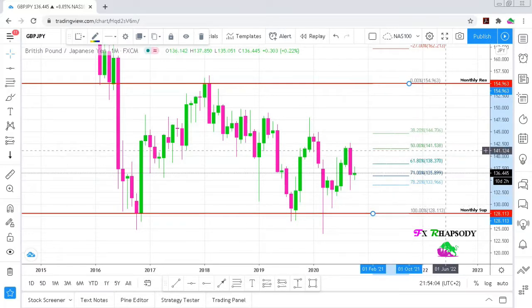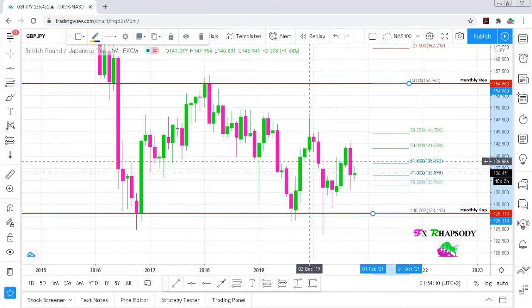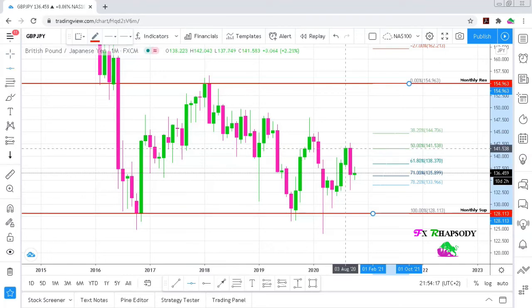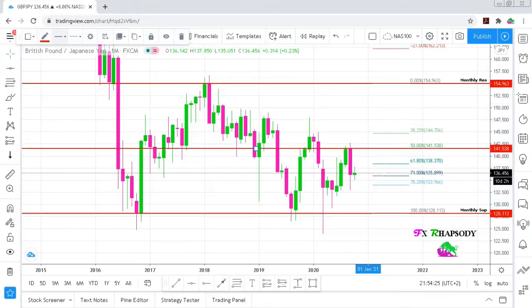So I will draw my weekly resistance halfway between the support and resistance. I'm just going to take my horizontal tool again, and on the 50%, which is halfway between 100 and 0, I will draw a nice line, and I will change its color. Let's make that one black.